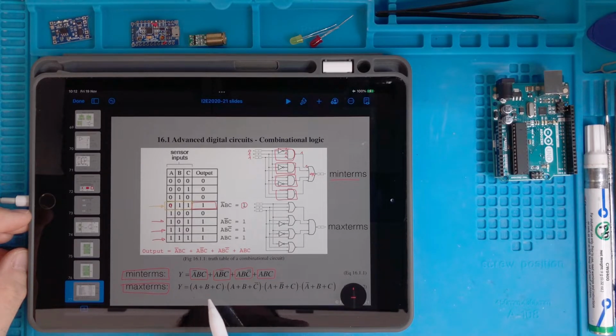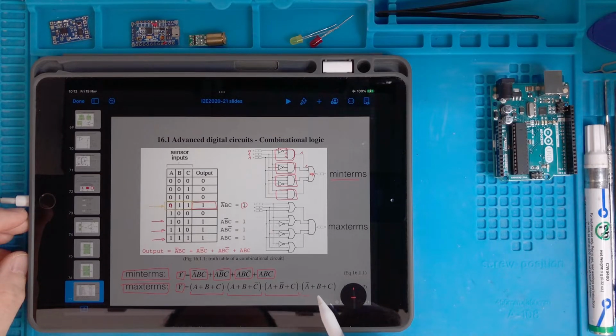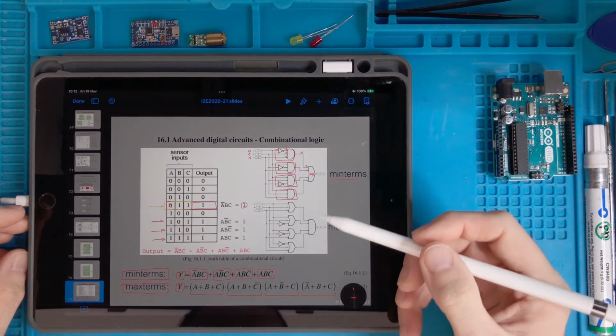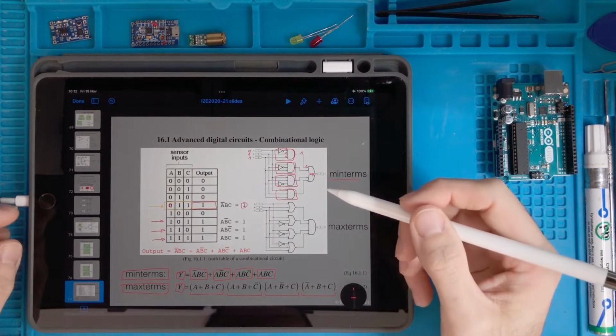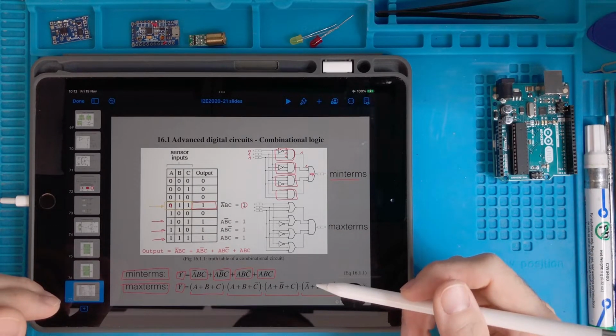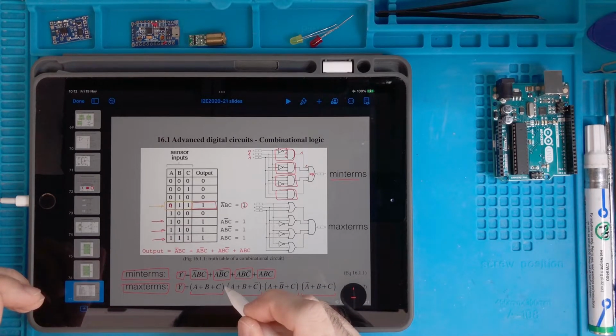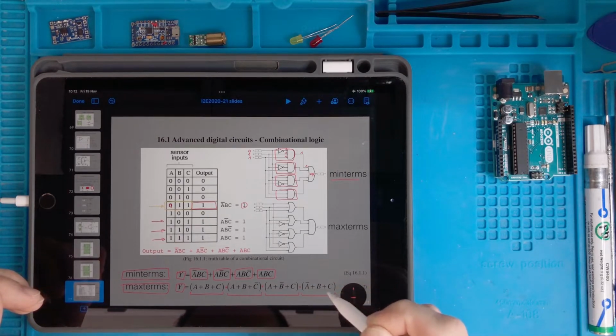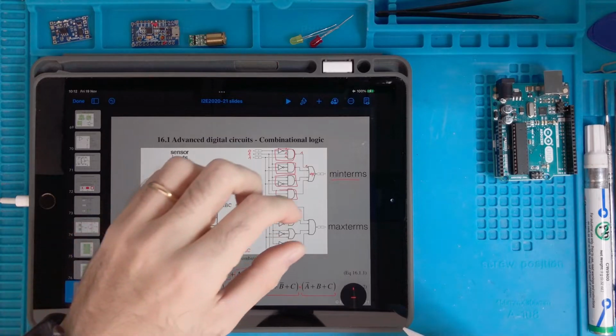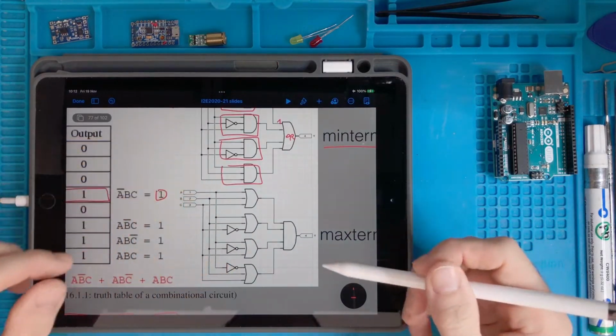So if we can rewrite the output in this different way, it means that here we have another situation. We have the so-called max terms, which are summations. So it means that these are OR gates, and the OR gates then are multiplied together, which means that they go into an AND gate, which is the situation described here.